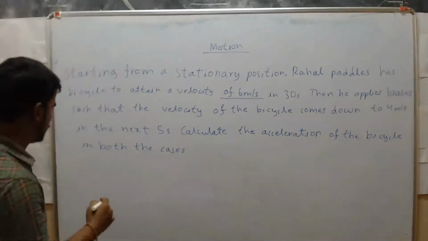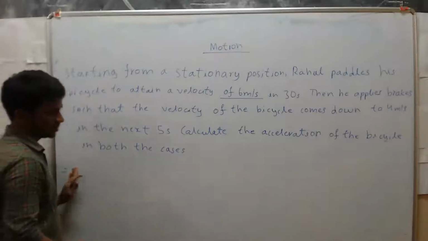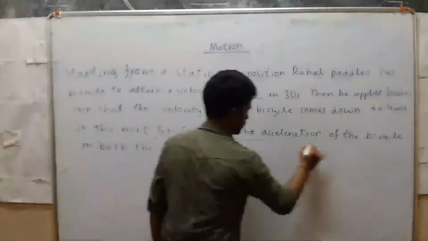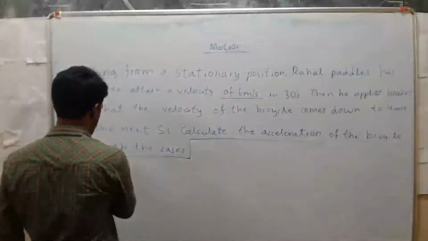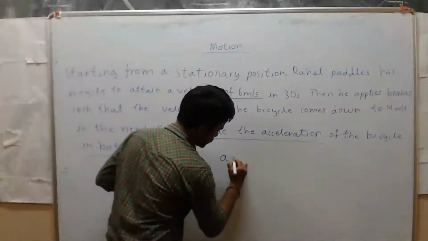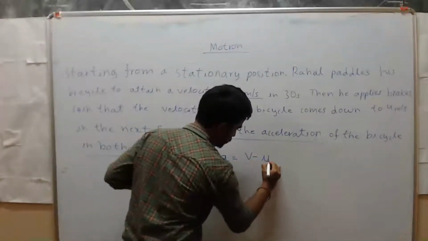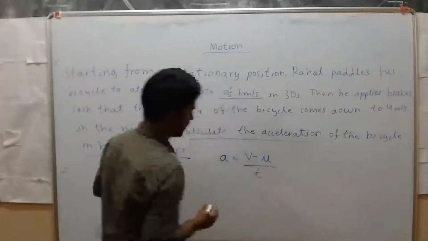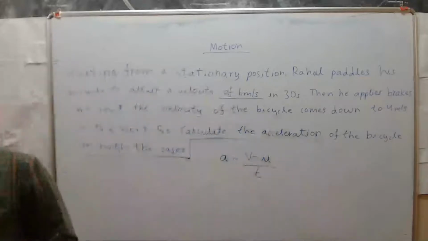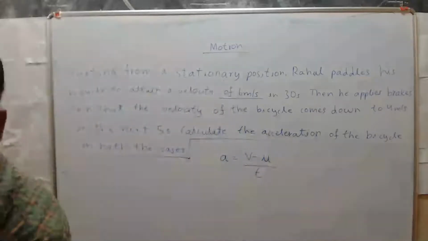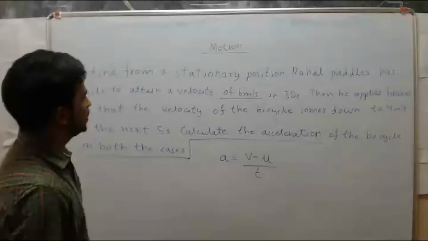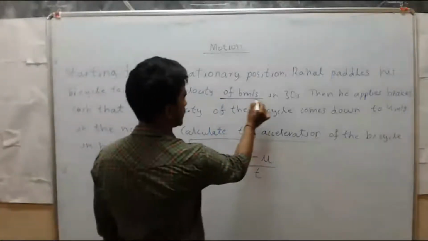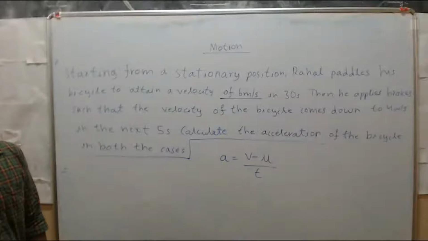Yes, we know the formula. What is the formula? A is V minus U divided by time taken. In the first case, they have given only one value, right?